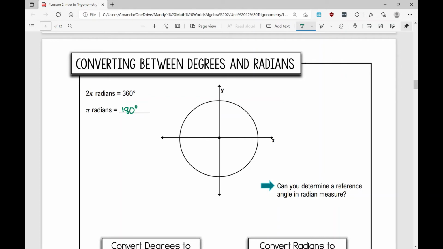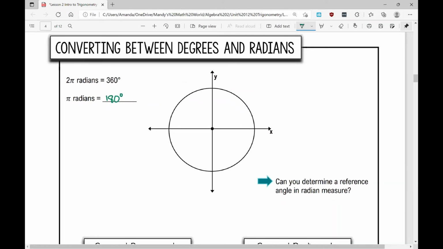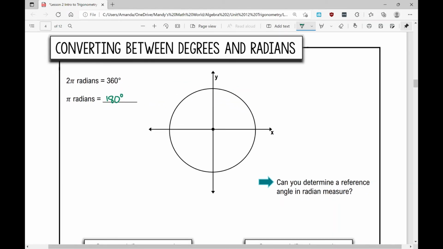So let's look at this. When I talk about degree measures and radians, let's first talk about how we look at this particular circle in radian measure. Well, I know if this is my vertex and this is my initial side, when I'm talking about angle measures, I know I'm at 0, right?